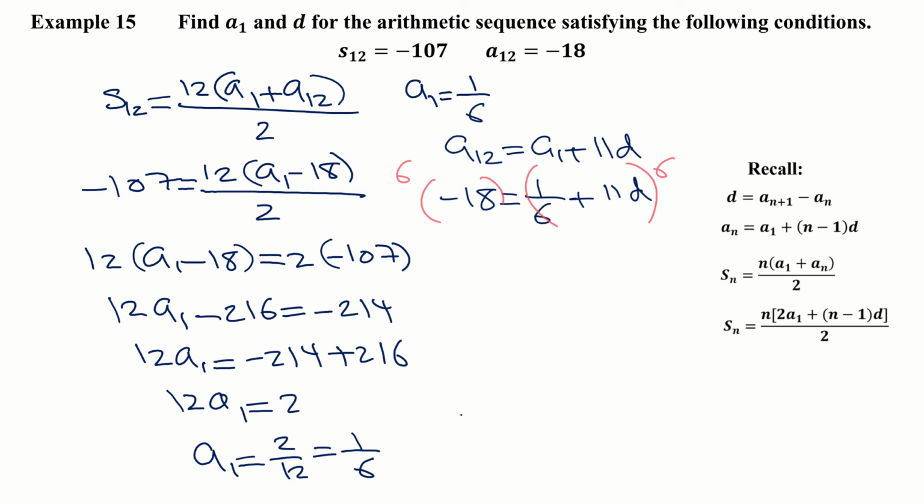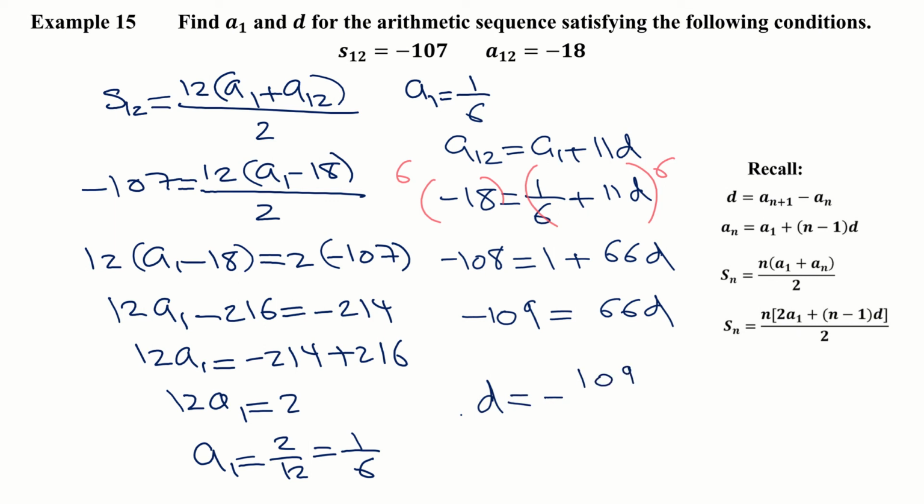So we get -108 is equal to 6 times 1/6, which just gives me 1, and 6 times 11d gives us 66d, right? So we have 66d is equal to negative 108 minus 1, which is negative 109. So we get d is equal to negative 109 over 66.